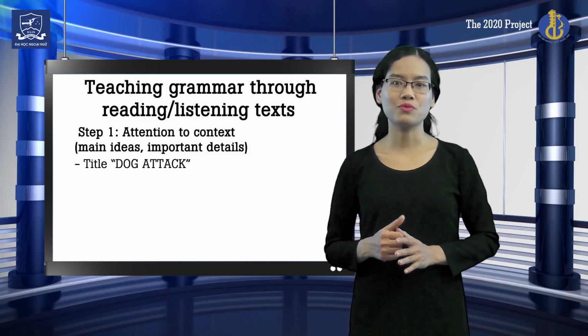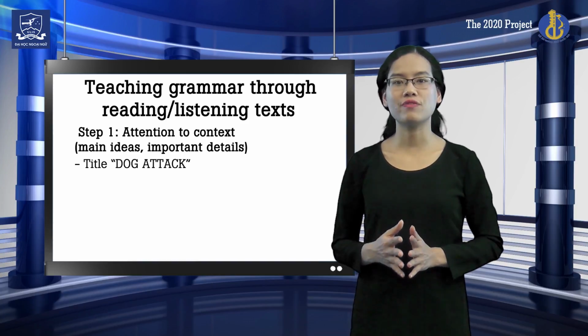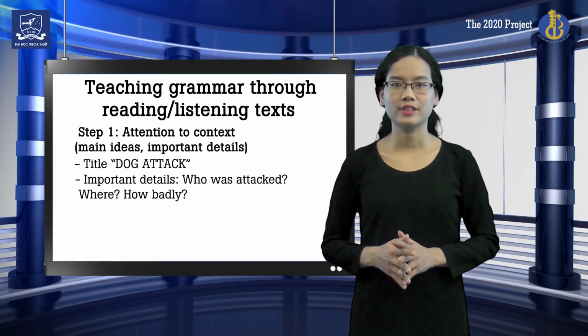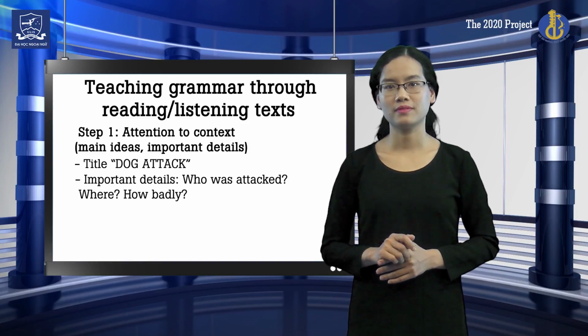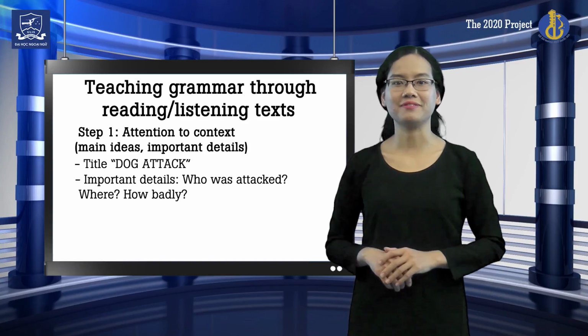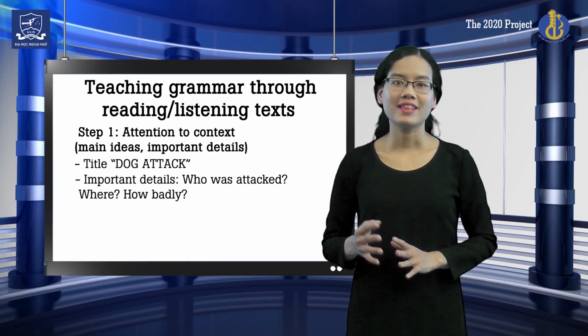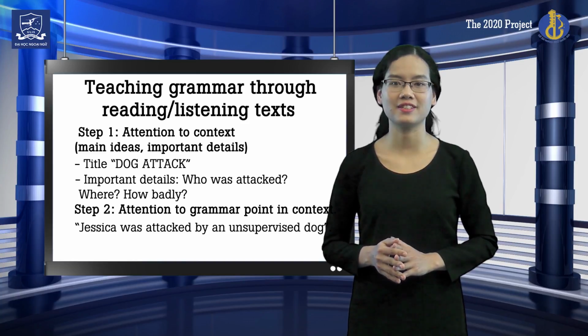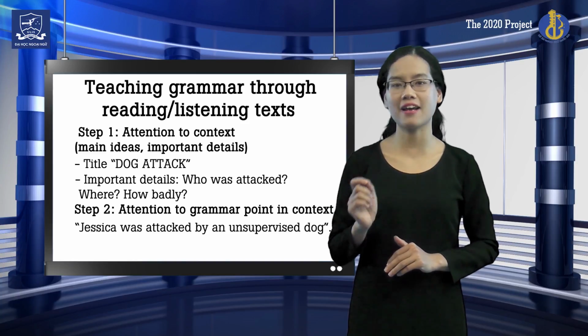Then, ask them to read the text quickly to find out important details of the text. For example, who was attacked? Where? How badly? The next step is to help students understand the function of the grammar point in that context.